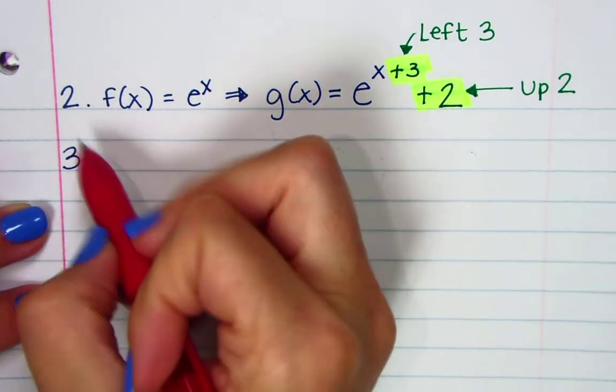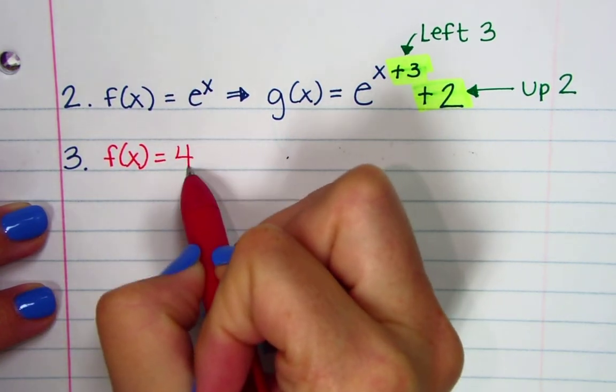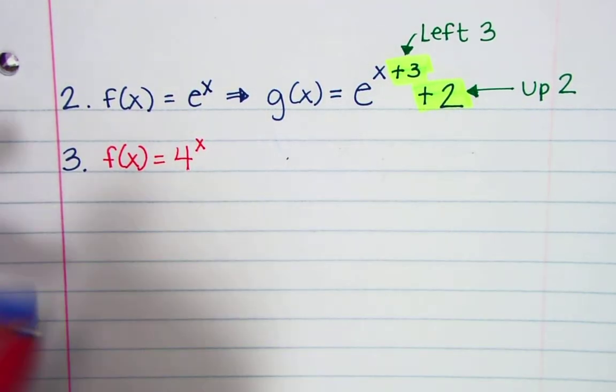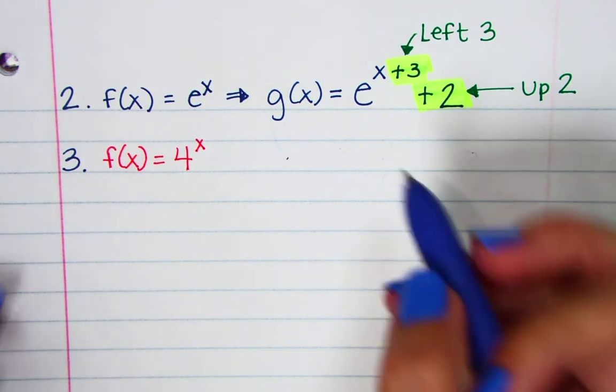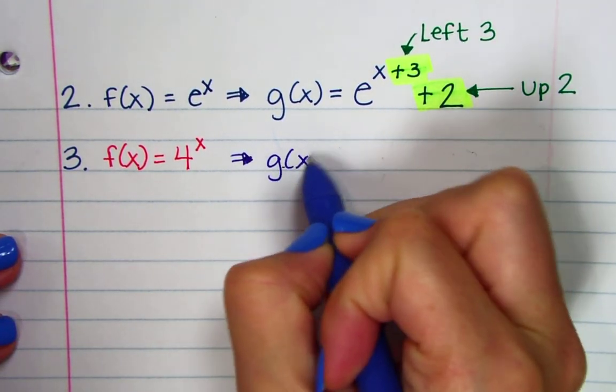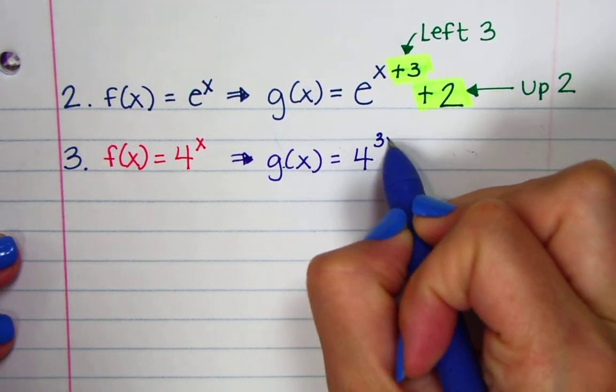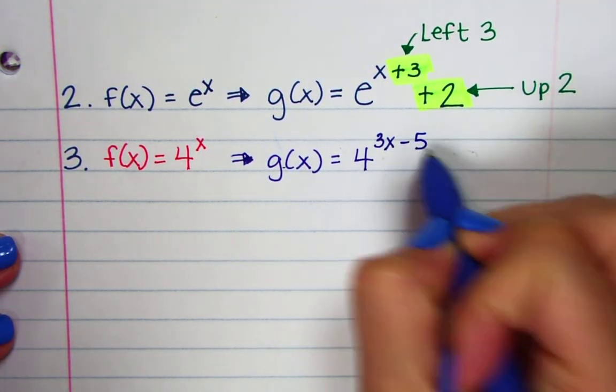All right, I'm going to do f of x equals 4 to the x power, and g of x equals 4 to the 3x minus 5 power.